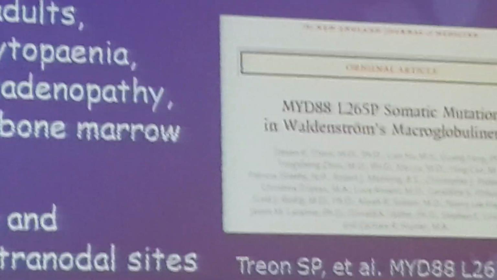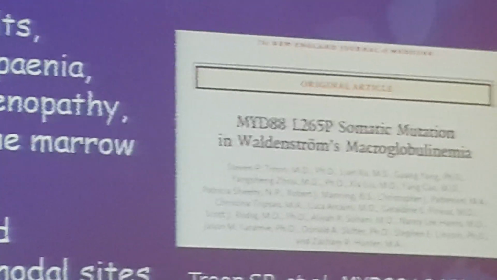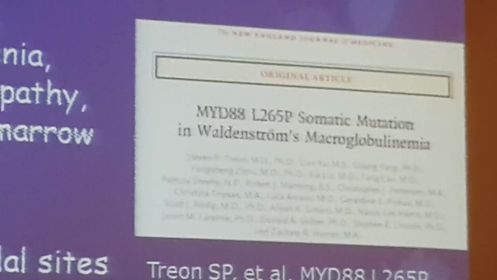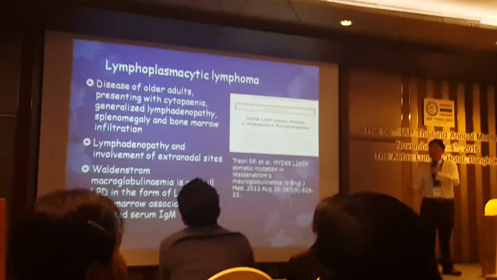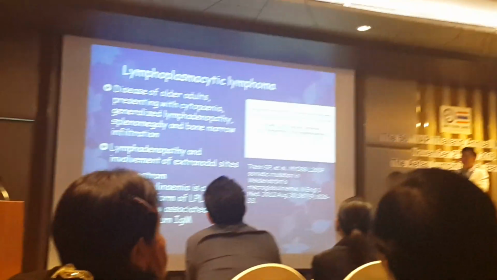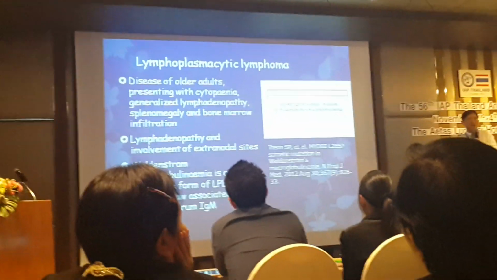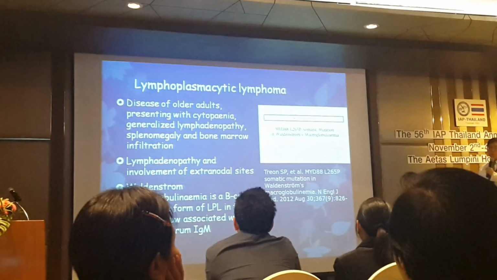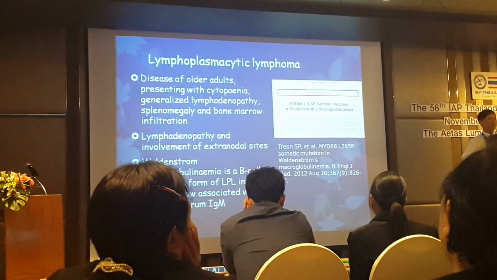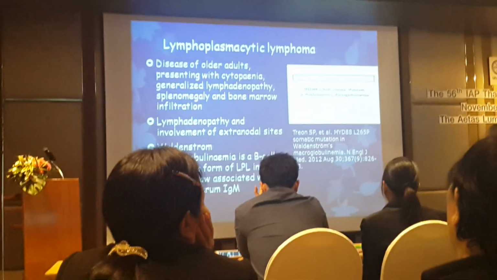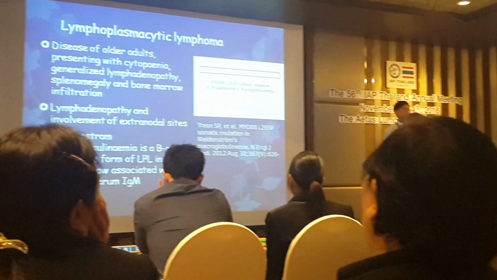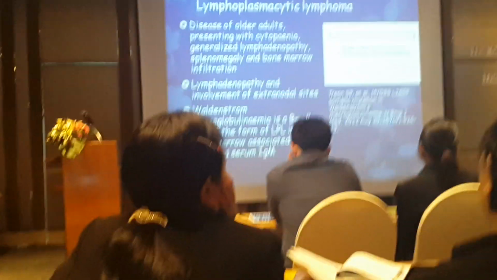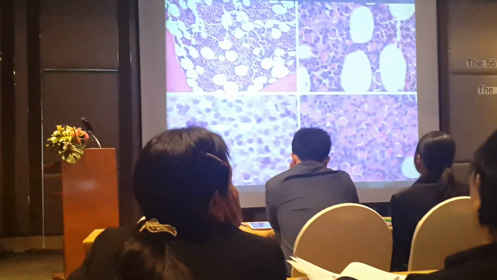All these can sometimes produce IgM, and IgG can sometimes be expressed in cases of Waldenstrom macroglobulinemia on one hand, whereas on the other hand, marginal zone lymphoma with plasmacytic differentiation can be so florid that it can mimic LPL. So with this finding of this mutation in more than 90% of LPL, you now have a marker to help diagnose this condition. This is, of course, an example of LPL in the bone marrow.